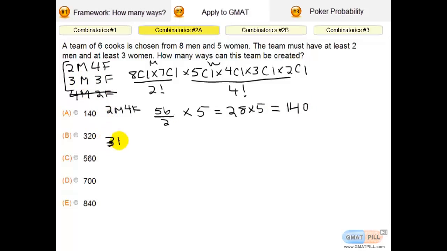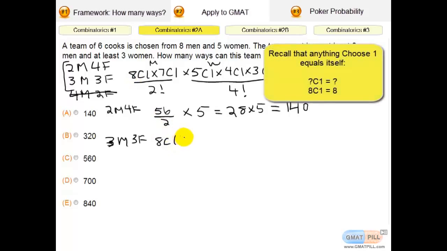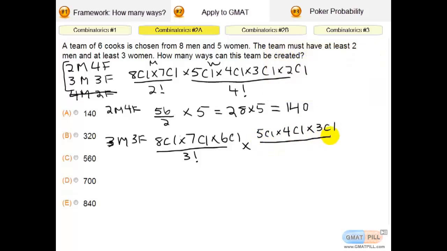What about 3 men and 3 females? Well, out of 8 men, choose 1, then out of the remaining 7, choose 1, then out of the remaining 6, choose 1. And this you divide by 3 factorial. And that's for men. For women, out of 5, you choose 1, out of 4, you choose 1, and then out of the remaining 3, you choose 1 for that last cook.